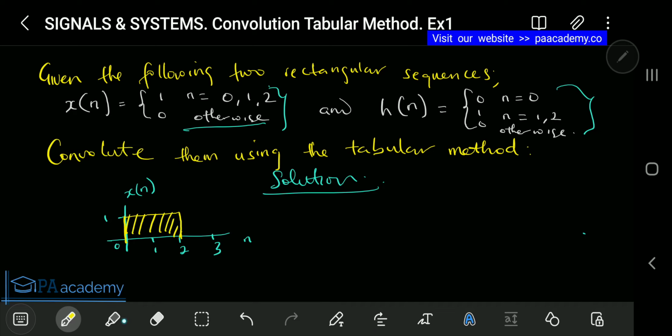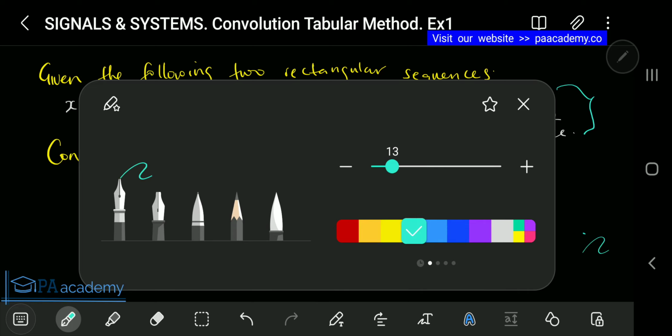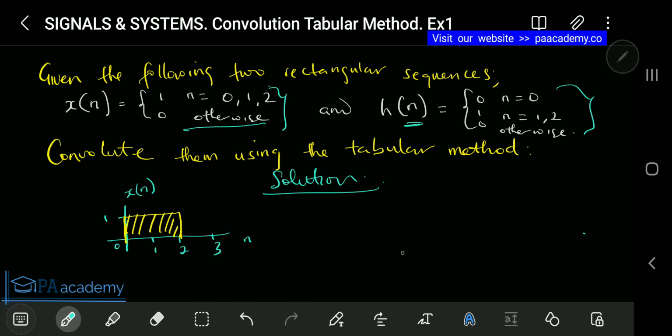And then for that of h of n, it starts from 0 to 2 also. There's no negative, so we can have something like this: 0, 1, 2, 3. This is our n, and right here we're going to have our h of n. The maximum amplitude here is 1.